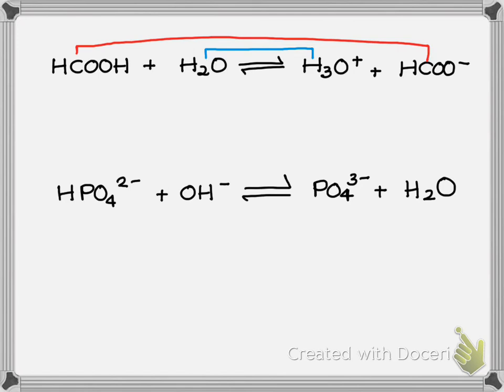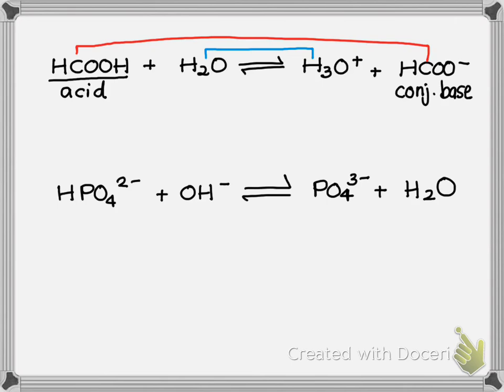The only difference is one should lose a proton, an H plus, and the other should gain. So when I look at these formulas, this one has lost or donated H plus, so that would be the acid, and what it makes is called the conjugate base.